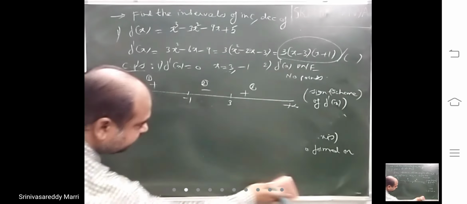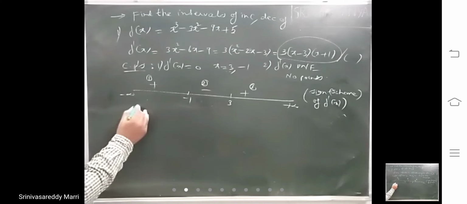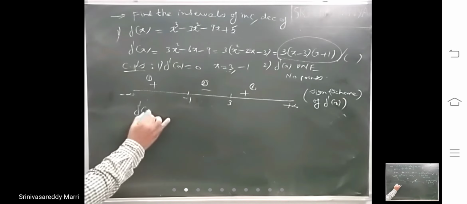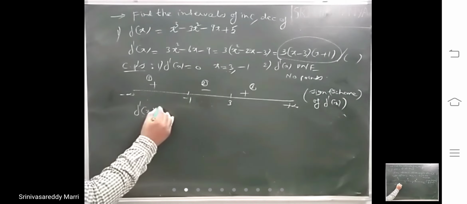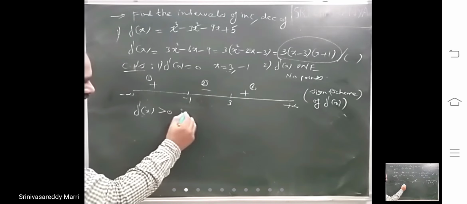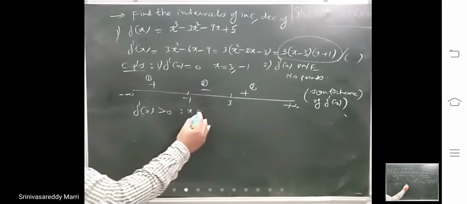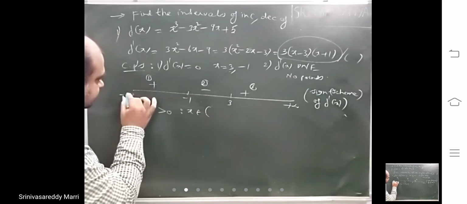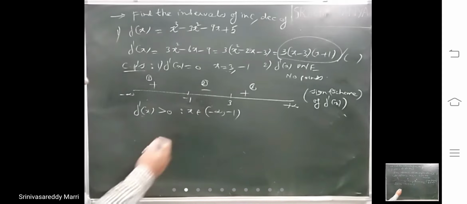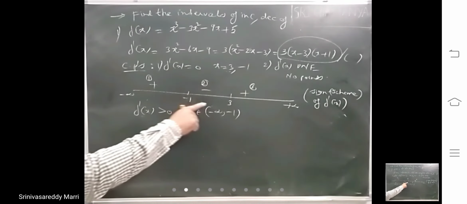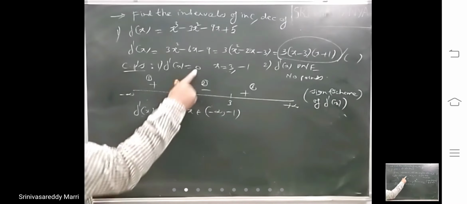That means we can say f dash x is greater than 0 in the plus intervals: x belongs to minus infinity to minus 1, union 3 to infinity. These points you write in open intervals, since at those points the derivative will be 0.